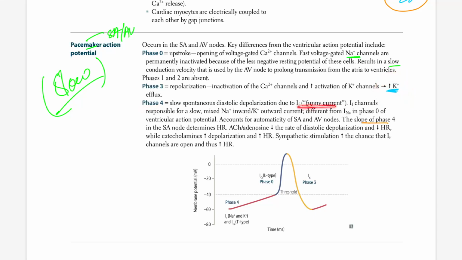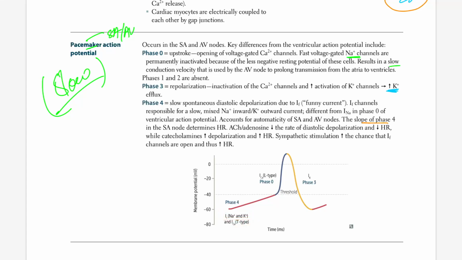Phase 4 is the funny current, IF channels, which are doing a couple of things: putting sodium inside the cell, but also there is a potassium outward current, so taking out the potassium. On top of that, other than the IF channels, you also have calcium T-type.